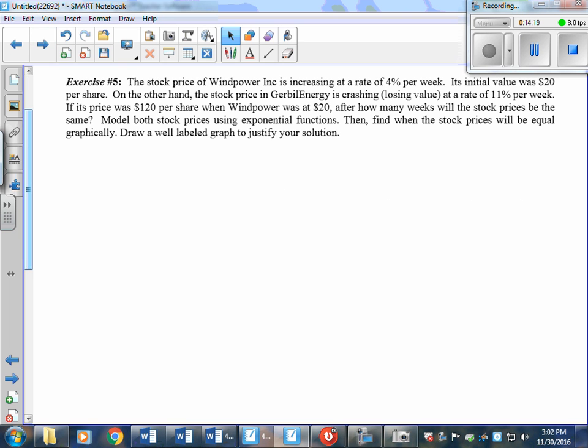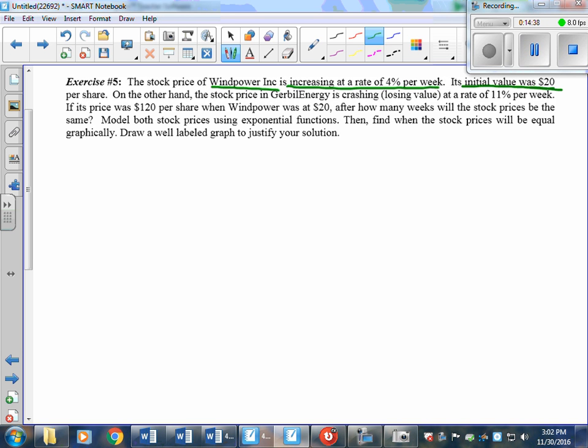Okay, here we go. Exercise 5. The stock price of Wind Power Inc. is increasing at a rate of 4% per week. Its initial value was $20 per share.